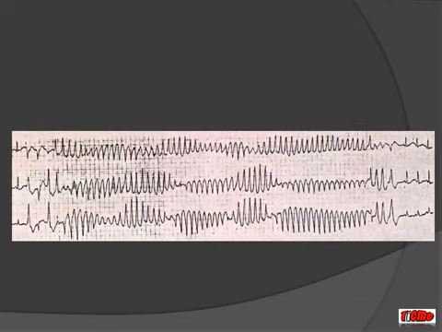Now here we have again a nice little ECG where we have a preceding couple of beats with an ectopic or two, followed by a wide complex irregular rhythm where the axis appears to be regularly changing.